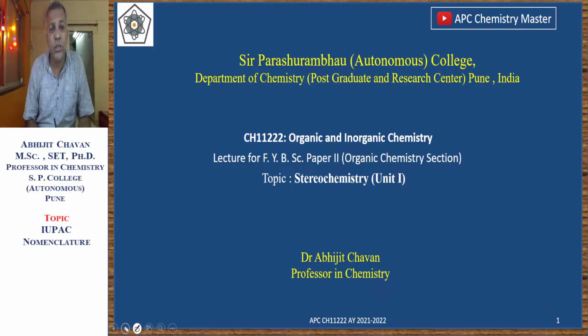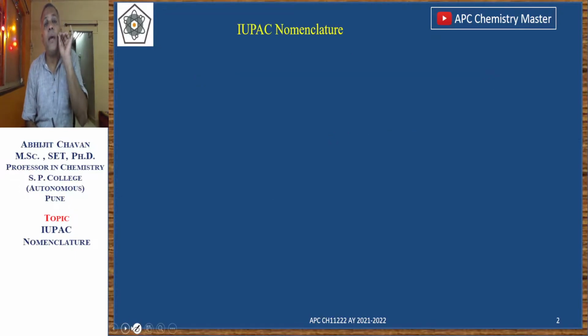In today's lecture, we are going to consider one more basic concept which is essential to understand stereochemistry: the IUPAC nomenclature. What is this IUPAC nomenclature all about? IUPAC stands for International Union of Pure and Applied Chemistry. What does IUPAC do?